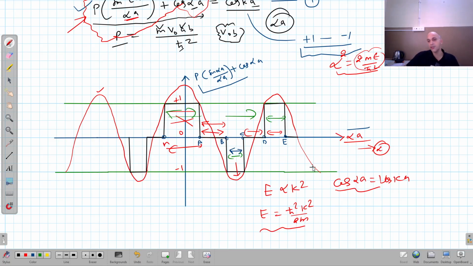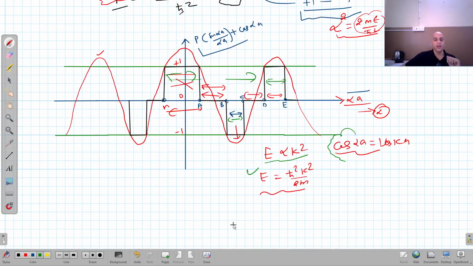And for the extreme situation, we will get E is equal to h cut square K square upon 2m, that is E directly proportional to K square. And this is the same case as we got for a particle in a constant potential or a zero potential, right? We can convert this equation: E is equal to h cut square upon 2m into n pi upon a whole square, right?